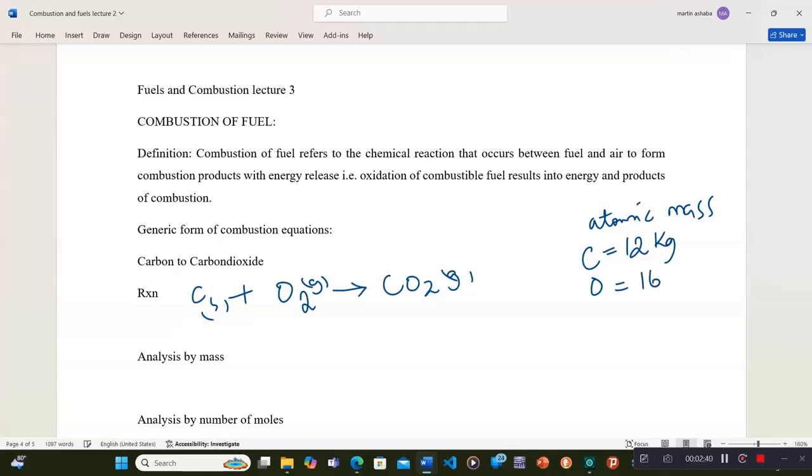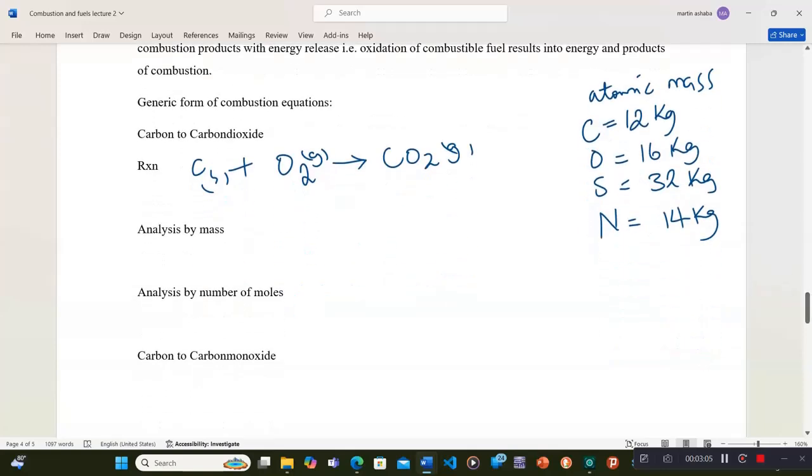Oxygen is 16 kilograms, and we shall be looking at sulfur, which is 32 kilograms, and so on and so forth. Nitrogen is 14. So we shall be looking at a number of them.